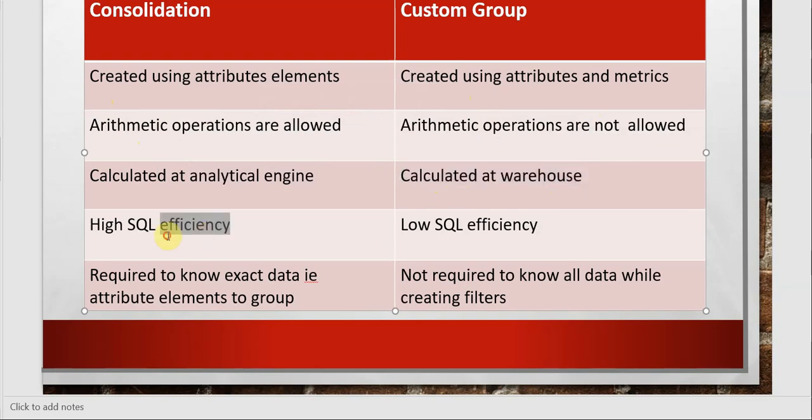Custom group has a high SQL efficiency, while consolidation has low. For consolidation, we need to know the exact data, that is the attribute elements, to group them into a consolidation. But for custom groups, since they are filters, it's not required to know the exact data.